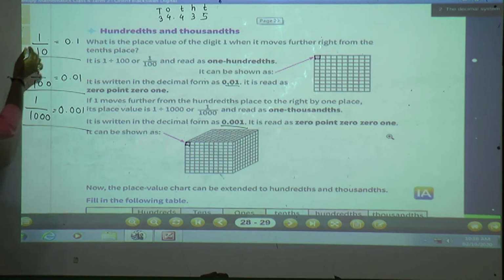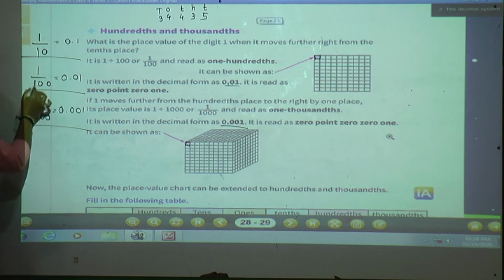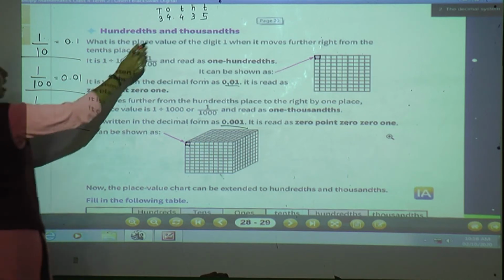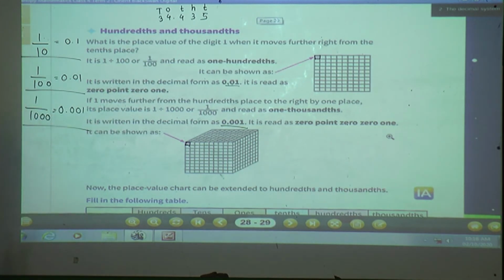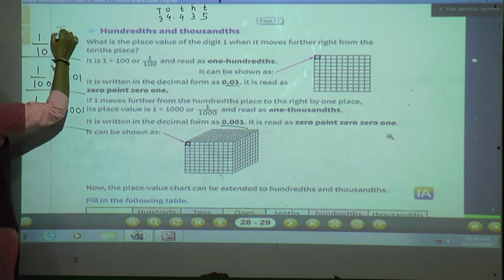Once again I will tell you. 1 upon 10, 1 upon 100, 1 upon 1000. These are the place values which come after the ones place. If a digit moves from the ones place to the right side, first what will come? Tenths.